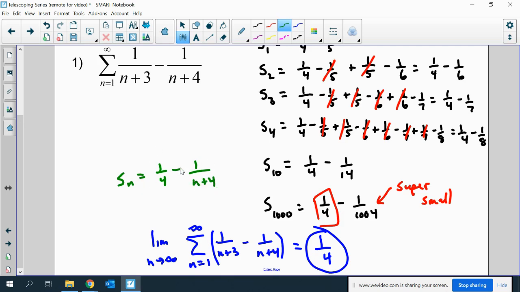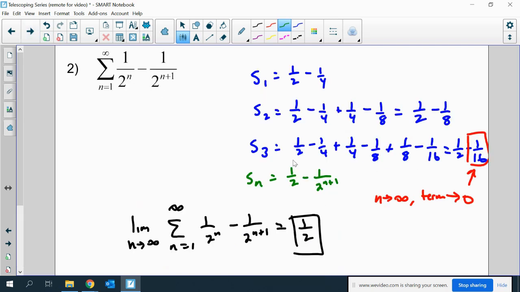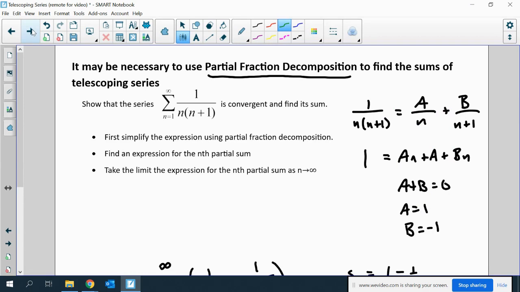So in each of these cases, when I plug in S sub n, that would be what I would end up getting. And then as I take the limit of this, I would get 1/4. Or in this problem, I would get 1/2. Or in this problem, I would get 1.